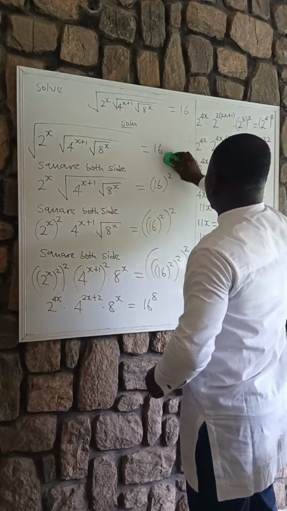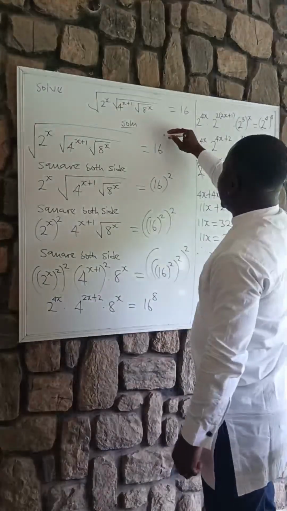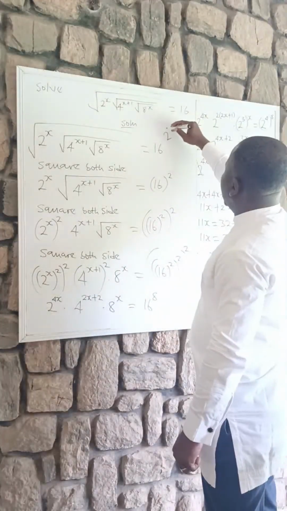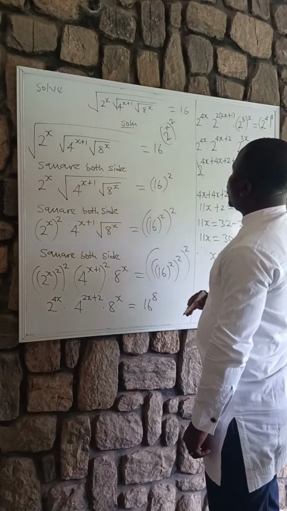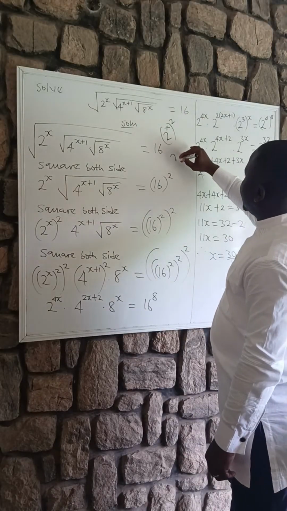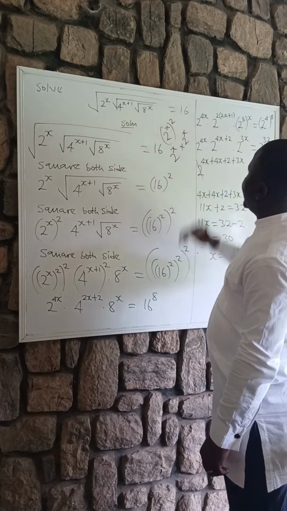Because I know that if we have x raised to power 2, all in bracket raised to power 2, this is the same thing as 2 raised to the power of x times 2 raised to the power of x.